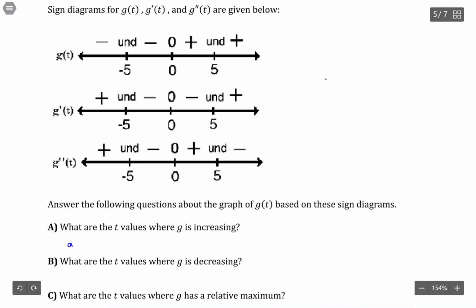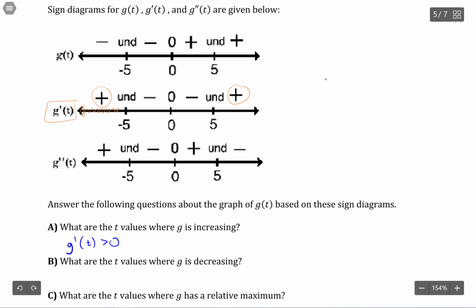Well, we know a function is increasing whenever its first derivative is greater than 0. So we're looking for where this first derivative, g prime of t, is greater than 0. Here's my first derivative, and it's greater than 0 here and here.